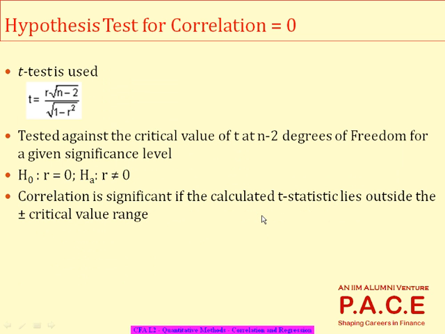The test that is typically used for the correlation aspect is a t-test, where I use this formula r into square root of n minus 2, n is your sample size, divided by square root of 1 minus r squared. That is the t statistic which we are using.